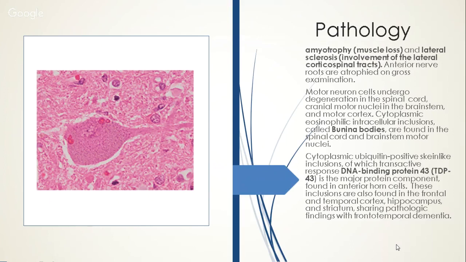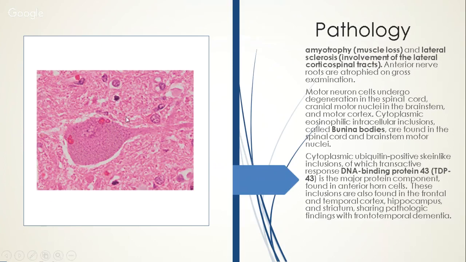Let's look at the pathology of ALS. So the name: amyotrophy, which is muscle loss, and lateral sclerosis, which means involvement of the lateral corticospinal tract.